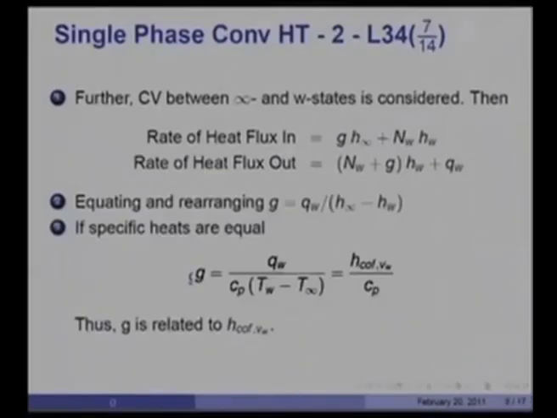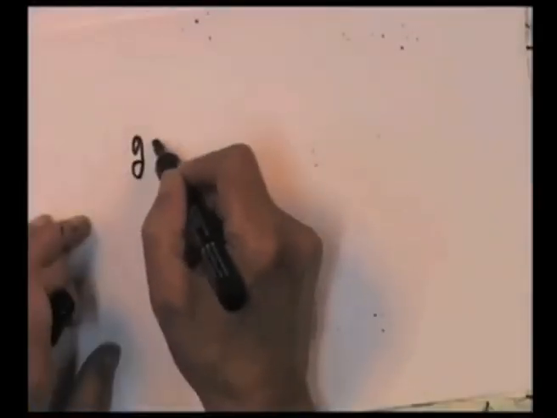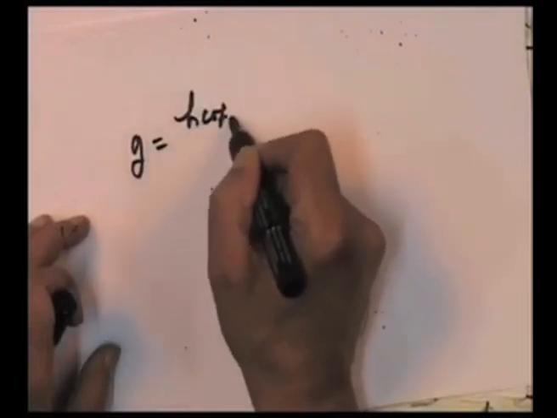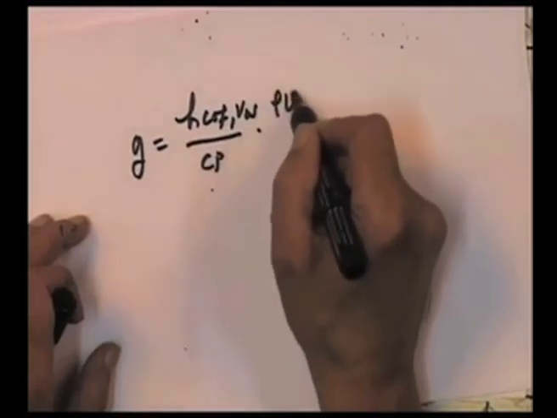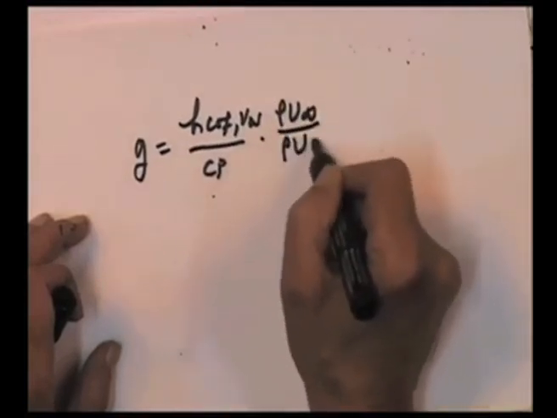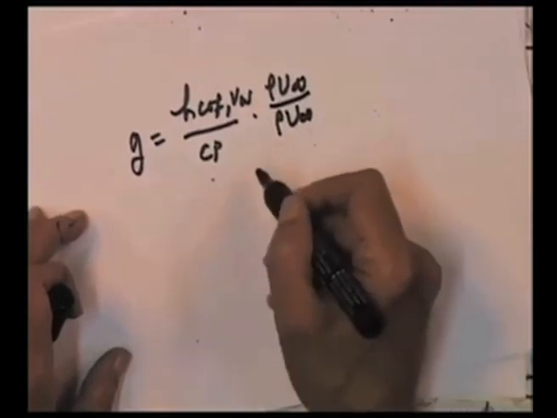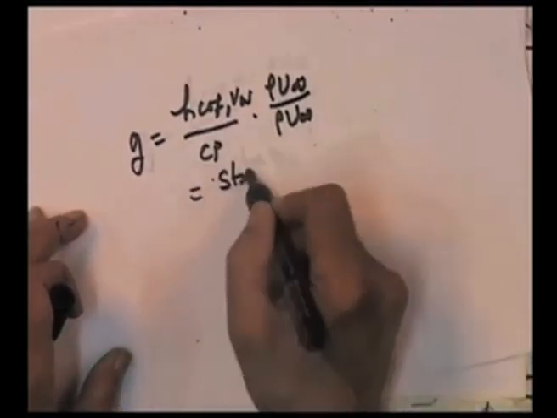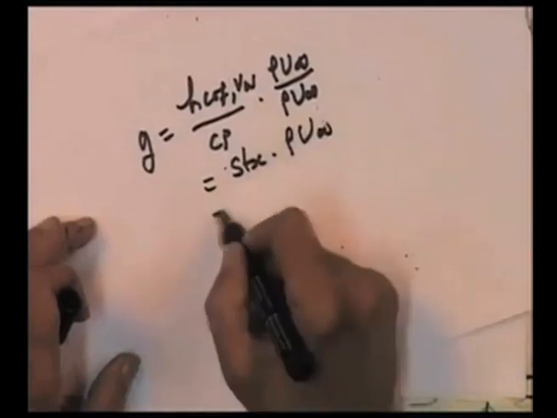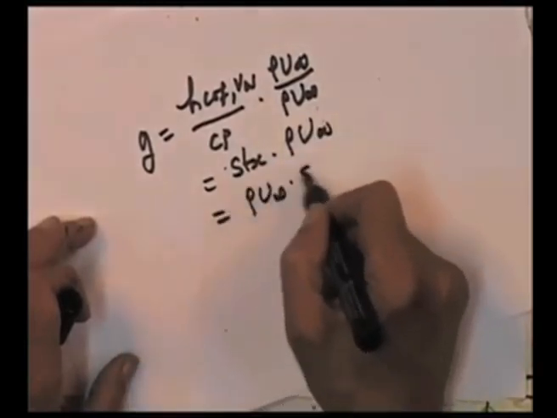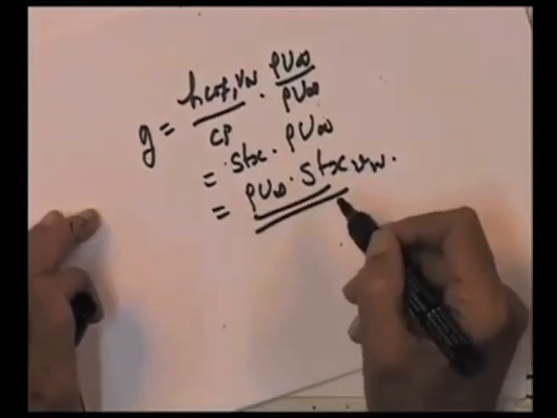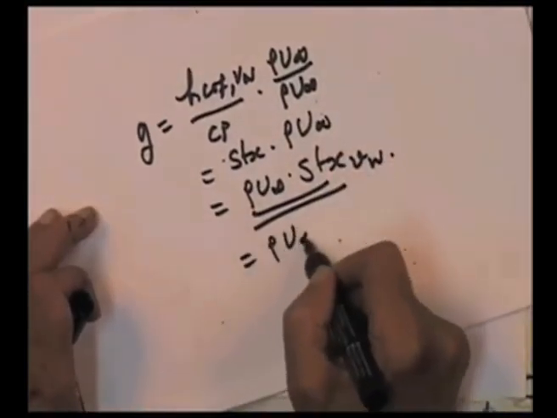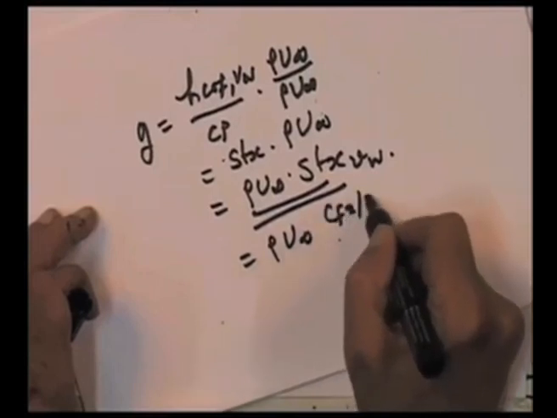Now, you can see very well that since G is equal to minus h_cof V_w divided by C_p, if I divide and multiply this by rho u_infinity, then this will be Stanton_x times rho u_infinity. So, rho u_infinity Stanton_x for V_w is analogous to rho u_infinity C_f,x by 2.